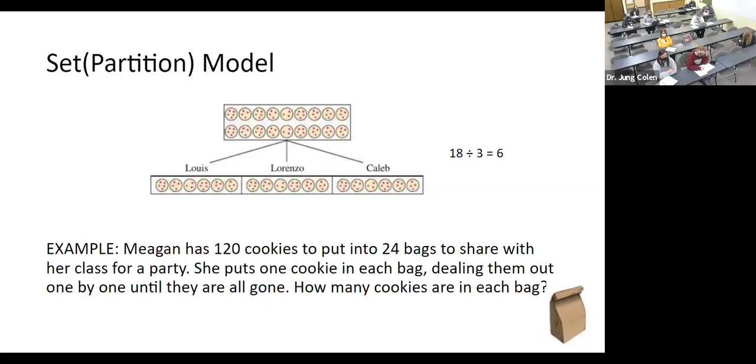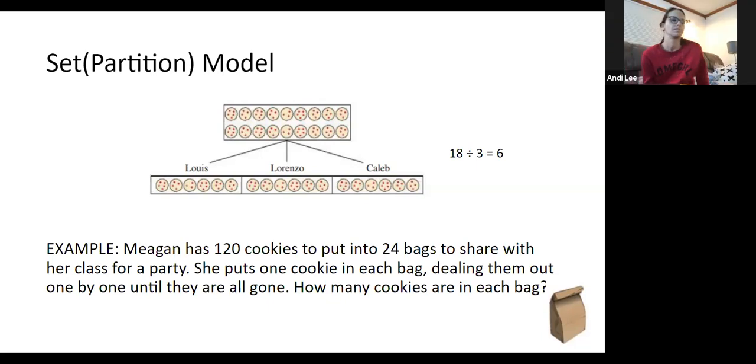Okay, so is it more related to you? Sounds like it. You're going to share with your classroom students for a party, and you want to put one cookie in each bag, giving them out one by one until they're all gone. Right? That's what we do most of the time at the beginning, if you don't know how to divide. How many cookies are in each bag? How would you do that?